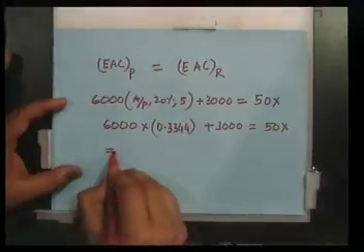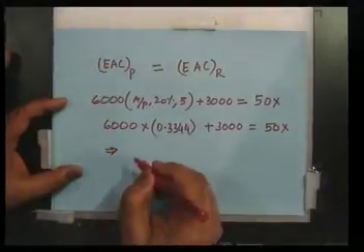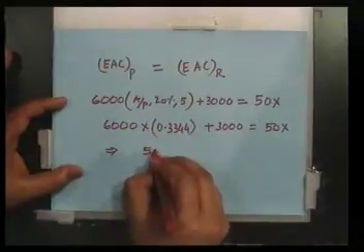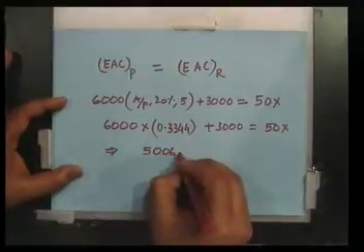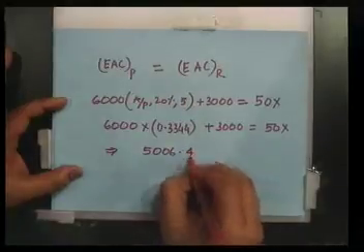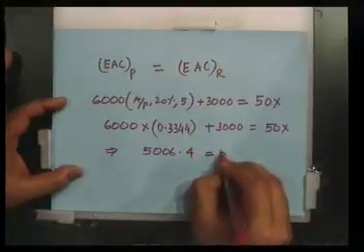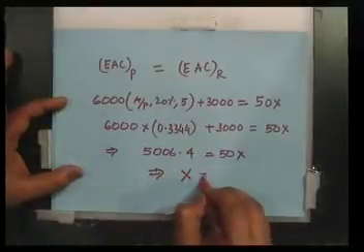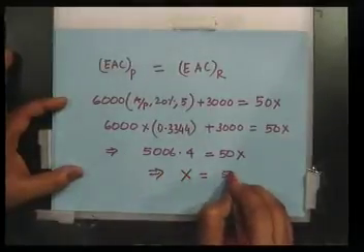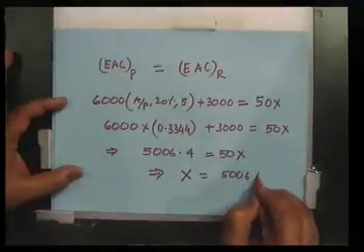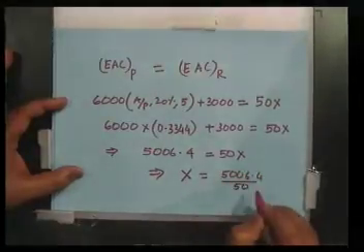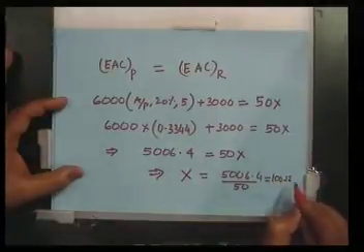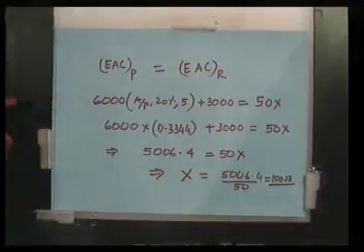So, this left hand side becomes how much? 5,006.4, and this is equal to 50x. This implies my x is going to be 100.12 days.